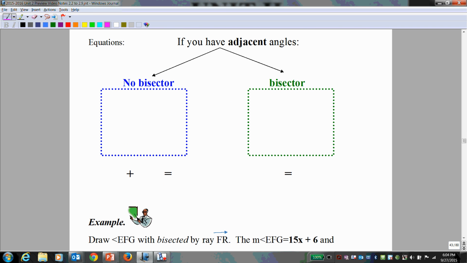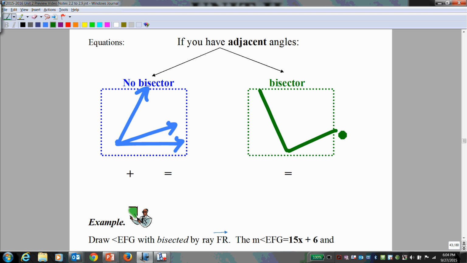So now we have two scenarios of adjacent angles, two of them. We have an adjacent angle in which you do not have a bisector, they're just adjacent, they're just next to each other. And then you have a scenario in which it goes right down the middle.